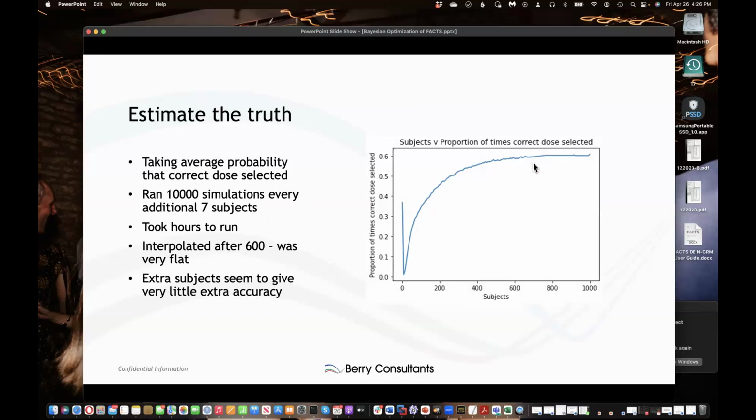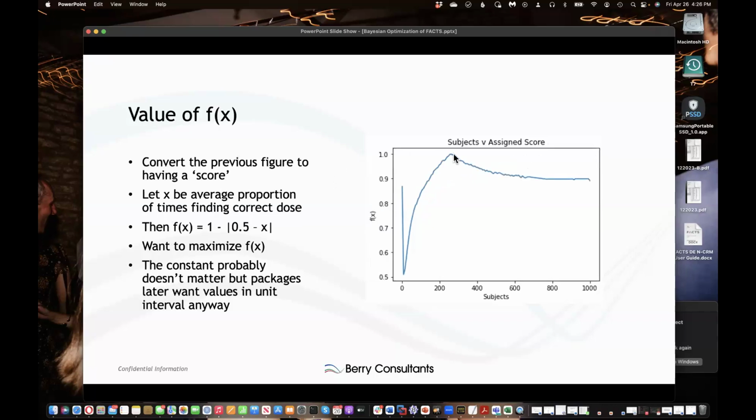We stopped running them quite so frequently after 600 because it looked clear that the answer was getting very flat. So the upper part of the curve here is interpolated over fewer points.